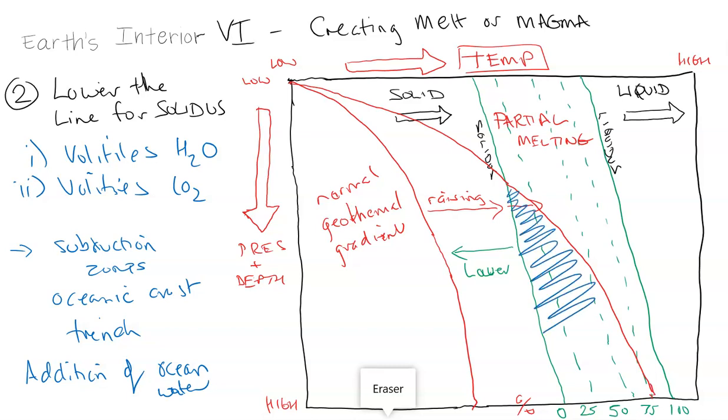You have increasing partial melting of that rock, starting at this depth, this pressure line, and this temperature. So there are certain aspects that can create the melt required to fuel our hotspots, our volcanoes, and also create some of the earthquakes we experience.